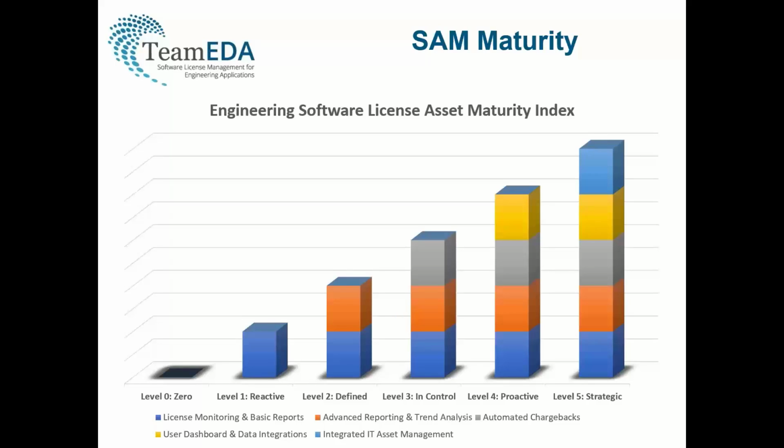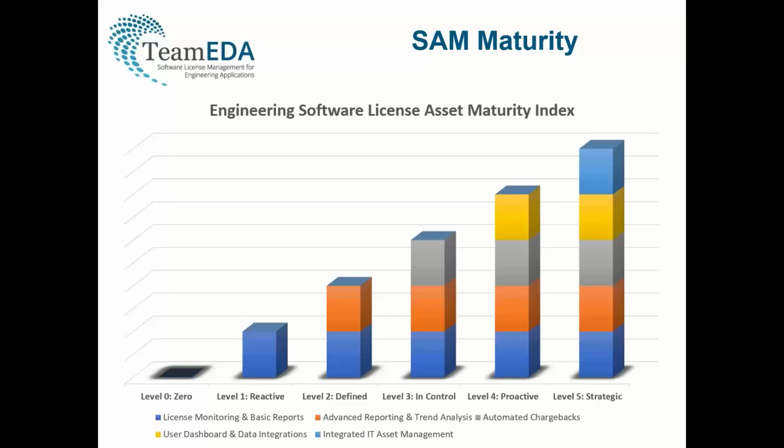I often show this maturity index, which I put together as well. How are companies really looking after their engineering licenses? You're probably surprised to hear that some companies out there just aren't doing anything with their licenses. They're not monitoring anything. They buy the licenses, then year on year they simply renew.